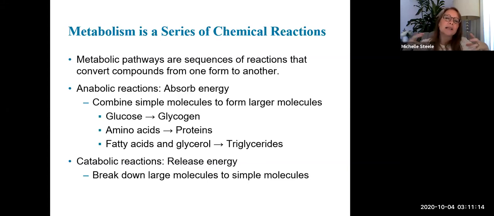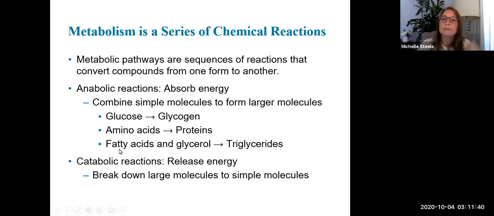Anabolic is basically looking to take simple molecules and form larger molecules from them. So the process of taking smaller molecules such as glucose and forming that storage form glycogen is going to consume energy. It's going to require or absorb a certain amount of energy to make that happen.